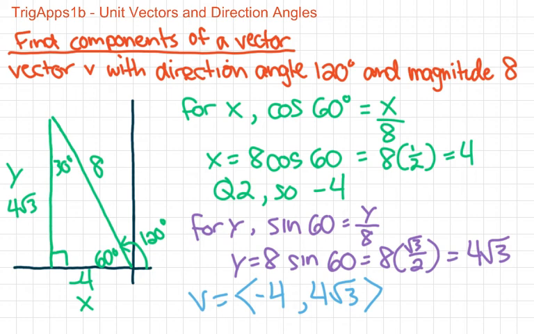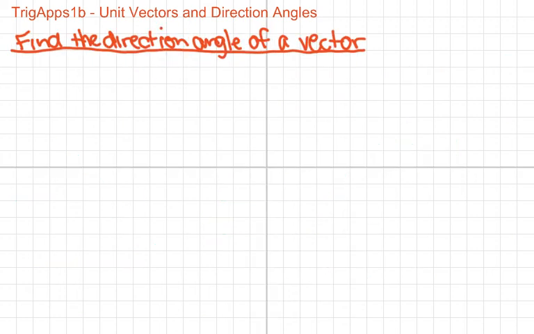Last thought for this lesson, which is fairly short. We are just finding the direction angle of a vector. And we kind of need to know basically where those vectors are, what the component form of the vector is, so that we can sketch them and understand what the movement is.